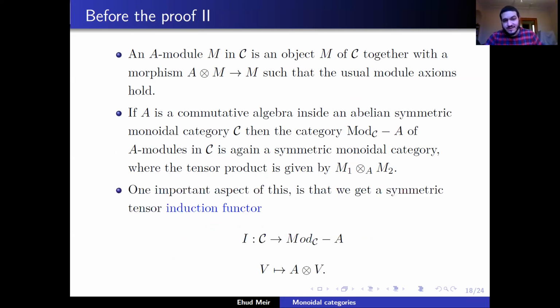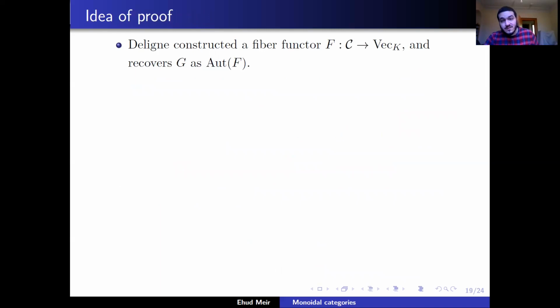One important aspect of this is that we get a symmetric tensor induction functor going from C to the category of A-modules in C. It's kind of taking the free module over V: we take V to just A tensor V. Okay, so the idea of the proof of Deligne is that he constructed a fiber functor, a symmetric tensor functor from C to Vec_K, the category of vector spaces.